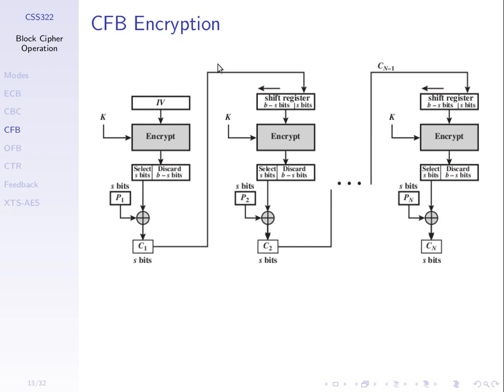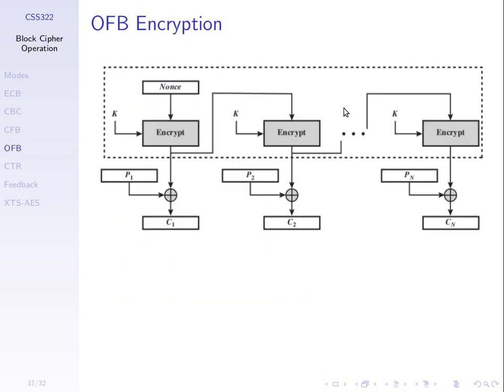C1. With OFB, what goes into the next stage, not C1, but the step before the XOR. The output of the encrypt goes into the next stage. This has some minor benefits in terms of if there are errors in the transmission, the errors are not propagated so far. But only useful in certain communication links.